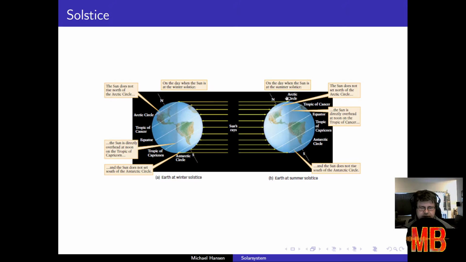And when it's summer in the northern hemisphere, we call it summer solstice. For those of you below the equator, you are well within your rights to reverse the definition so that you have summer solstice at this point here and winter solstice here. But just be aware that this is the way it's defined officially.